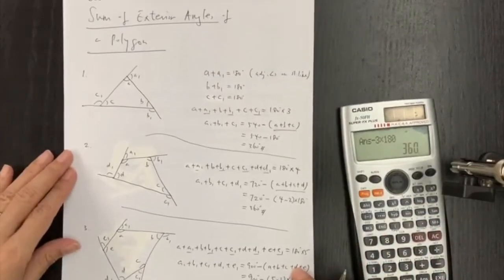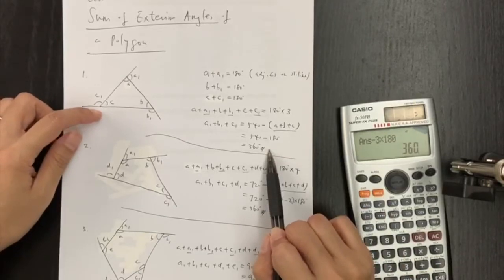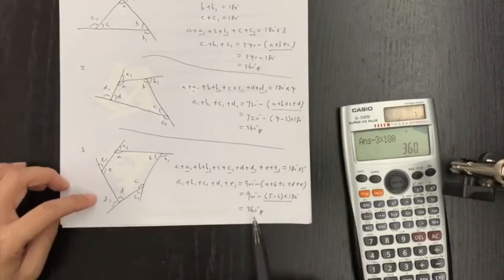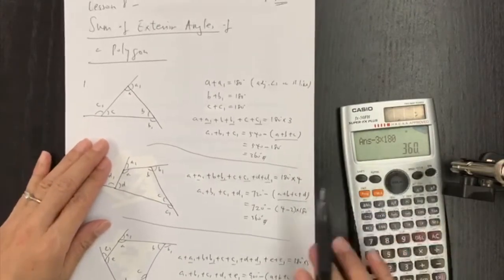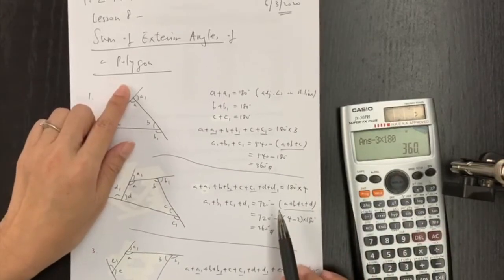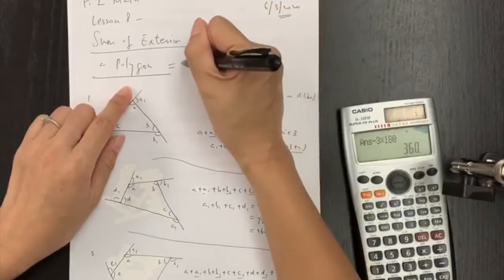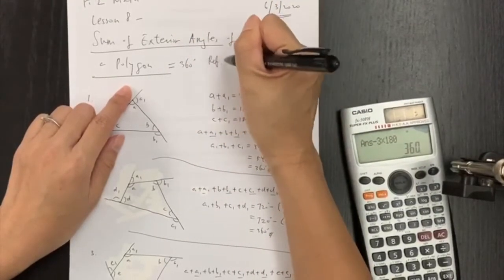Let's take a look here. The sum of exterior angles of a triangle is 360, a quadrilateral is 360, and a pentagon is also 360. If you follow this pattern, the conclusion is that the sum of exterior angles of a polygon is always equal to 360. What is today's reference?